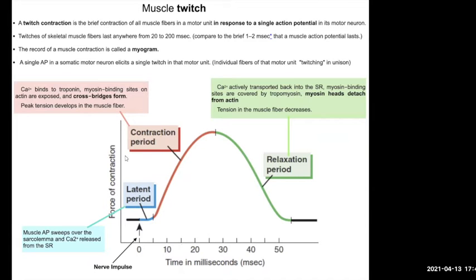This time we're looking at the time sequence from the nerve impulse as it travels down the sarcolemma, and as that sarcolemma releases the calcium and the cross bridge formation happens, till the time when the calcium starts being pumped back in.